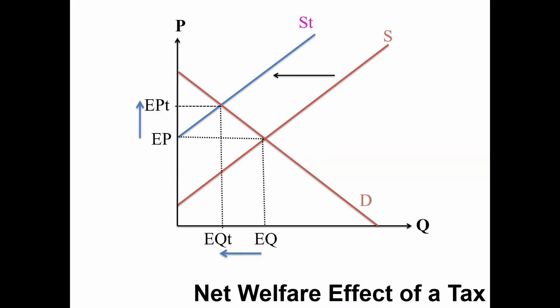Right, then mark the new price and quantity, EPT and EQT. So the price increases from EP to EPT and the quantity comes down from EQ to EQT.